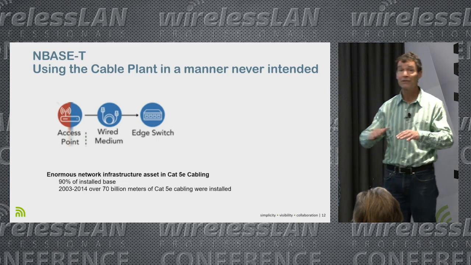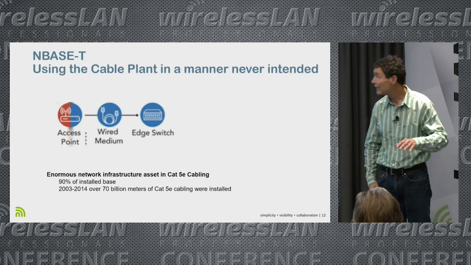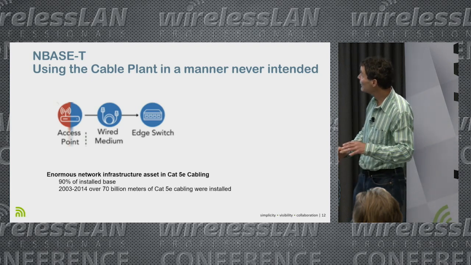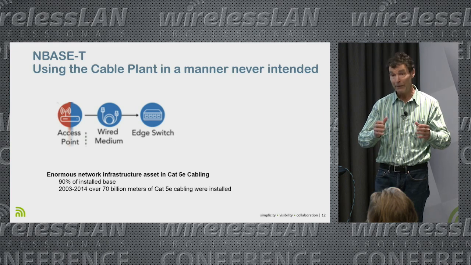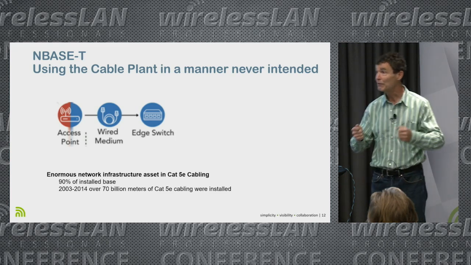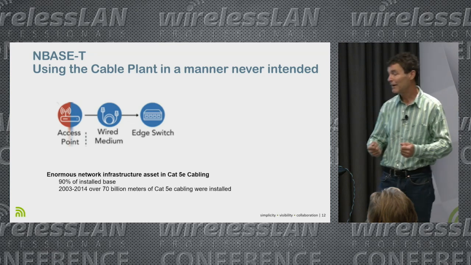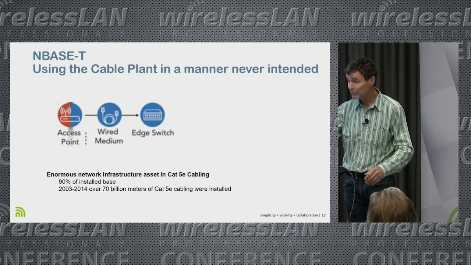So right now, 90% of the installed wire in the world is Cat5e. It's kind of like your home modem, right? When they pulled the telephone line to your house, they never thought you'd be running DSL at tens of megabits, but it's come down to modulation and digital signal processing to pull that out.